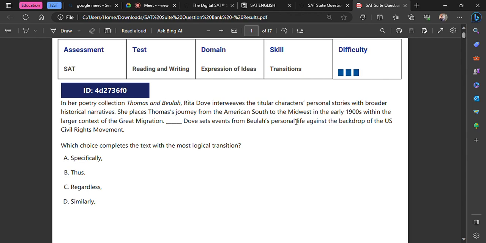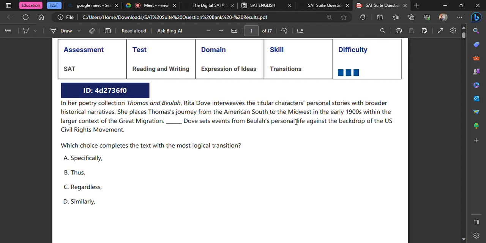Okay, so as you can see, within these two sentences, she places Thomas's journey from the American South to the Midwest in the early 1900s within the larger context of the Great Migration. And then the second sentence is that Dove sets events from Beulah's personal life against the backdrop of the US Civil Rights Movement.